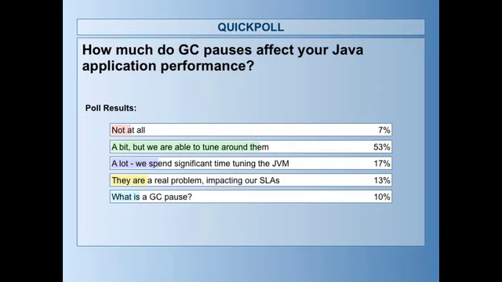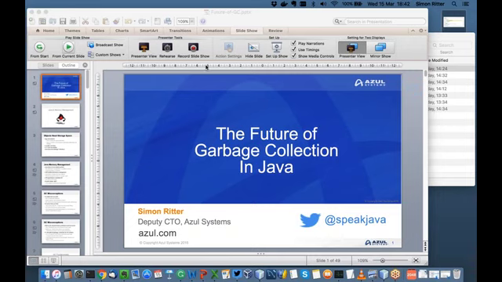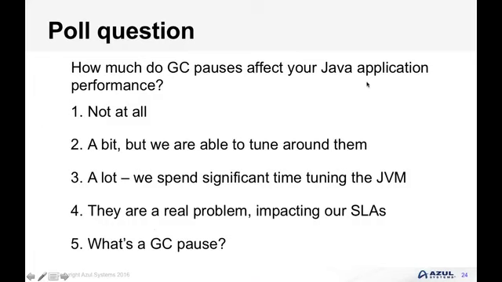So that's interesting, because that was different to the results I had this morning on the one I did in Europe. I actually saw more people had significant time tuning their JVM and had effects on their application. Right, so let's hide the results here and go back to my application. Okay. Right, so let's move on.